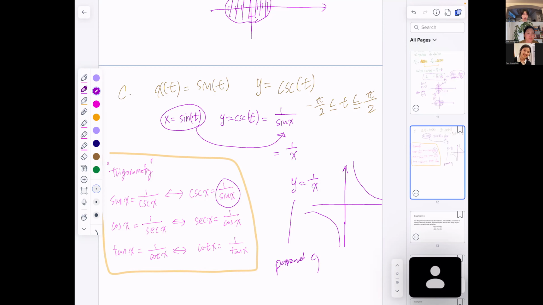Yes, Edison. I have a question. What's the point of the bounds? Like t is greater than or equal to negative pi over 2 and less than or equal to pi over 2. Yeah, sometimes the graph is going to keep continuously going. So in this case, think about it.